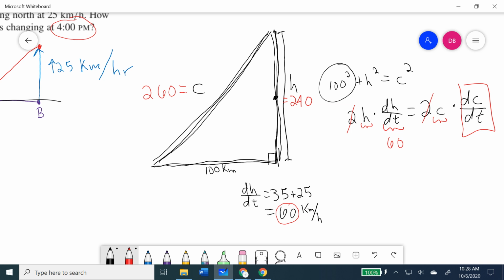And now I can plug those numbers in. So dC/dt is going to be 240 times 60 divided by 260. And a little bit of calculations later, what do we end up getting?